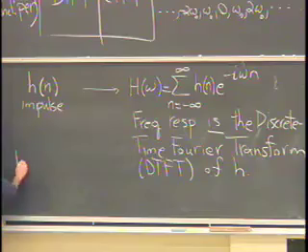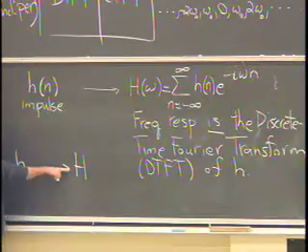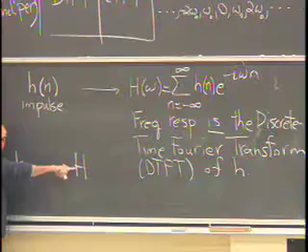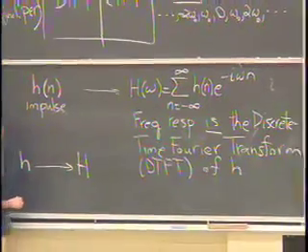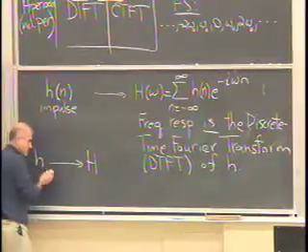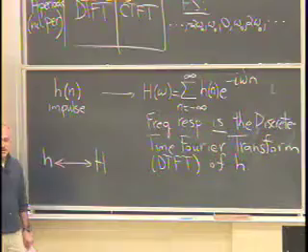So between small h and big H, we have already done everything and said everything we possibly wanted to say or do in this direction. We know how to go from the time domain to the frequency domain. Today what we're going to do is figure out how to go back.